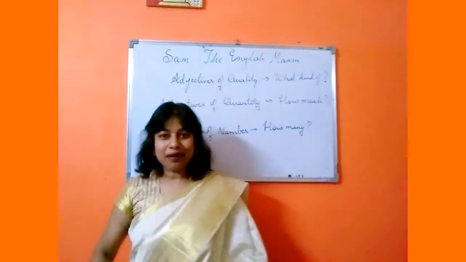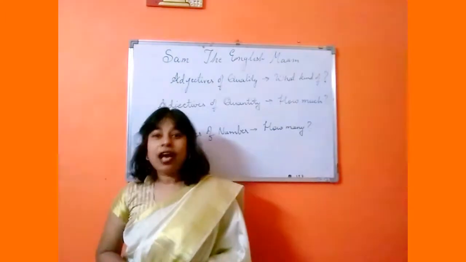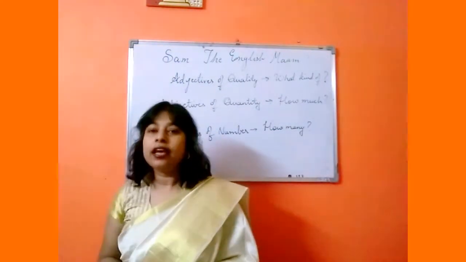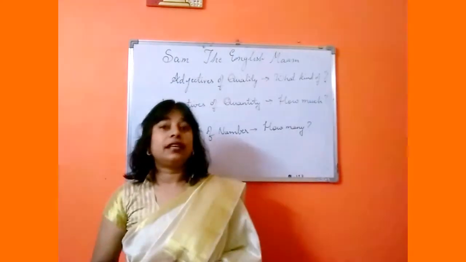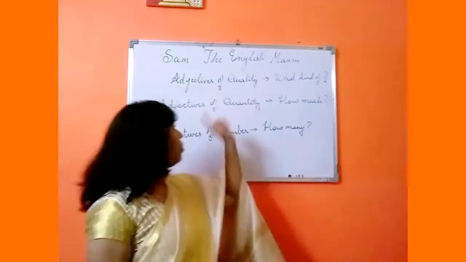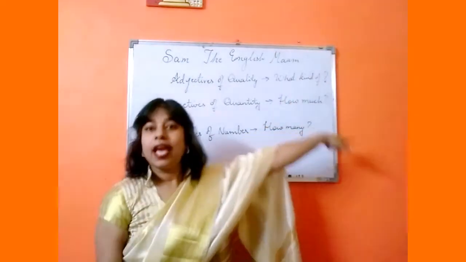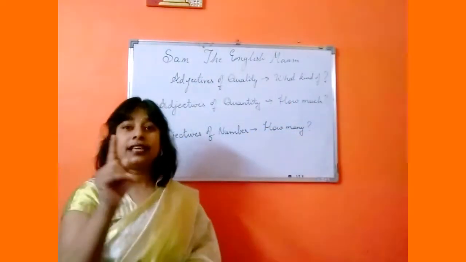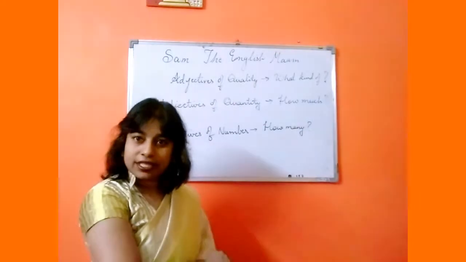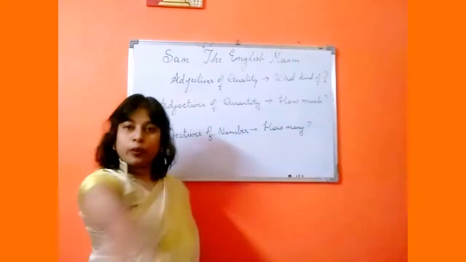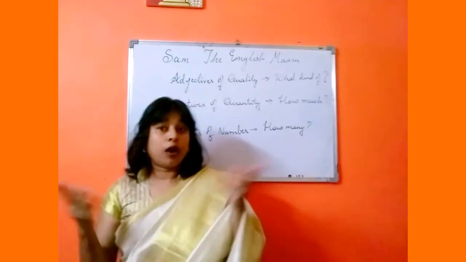With that, we come to the end of the session. I am going to recap it once again for you. So how do you recognize if it's an adjective of quality? You ask the question, what kind of? And the answer that you get is the adjective of quality. If you want to identify the adjective of quantity, the question that you need to ask is how much?